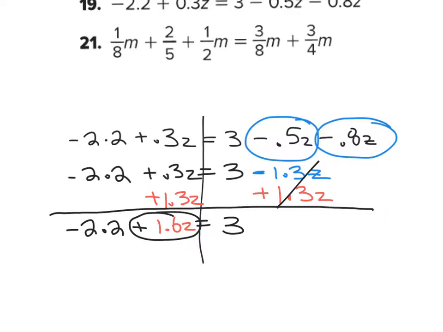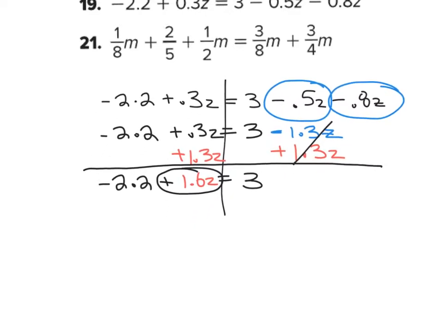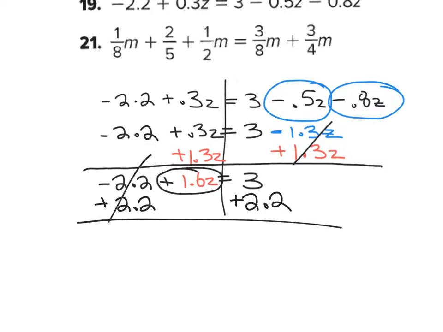Now at this point, this is a two-step equation, 2 steps to get the answer. So the opposite of a negative is a positive, so I'm going to add 2.2 to each side. That's 0, and I have 1.6 times z equals 5.2. And my last step is to divide each side by 1.6.